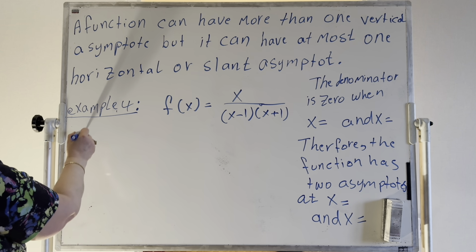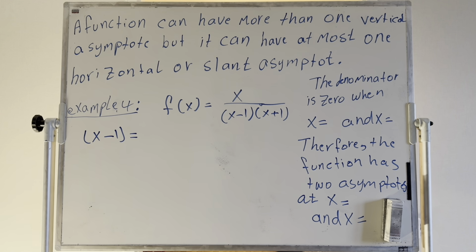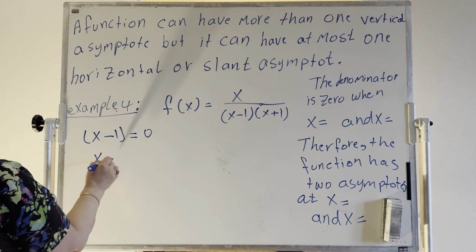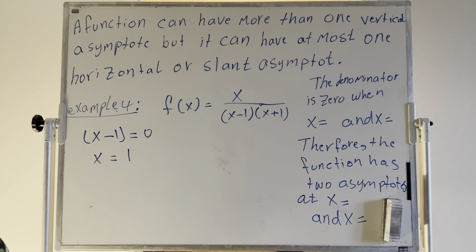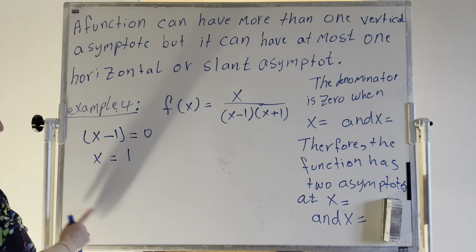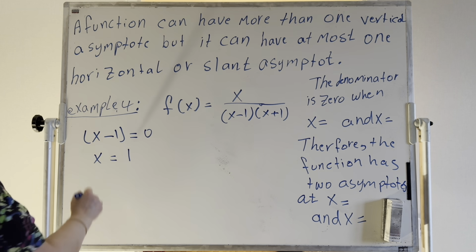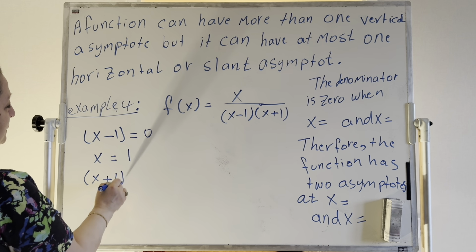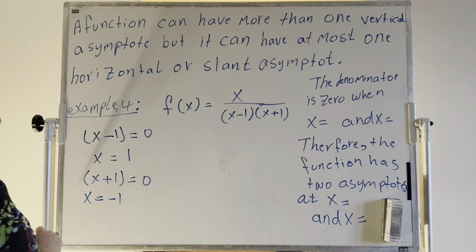If I take x minus 1 equal to 0, x will be equal to 1, because when I move minus 1 to the other side, we must change the sign. It will be plus 1. And for the other, x plus 1 equals 0, x equals minus 1.